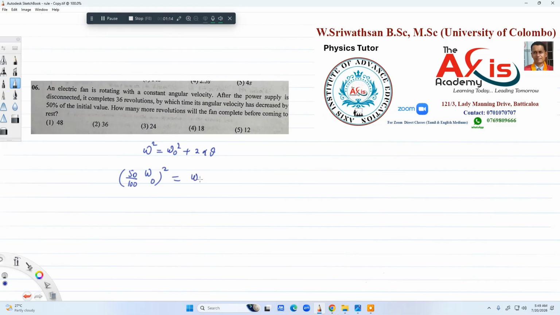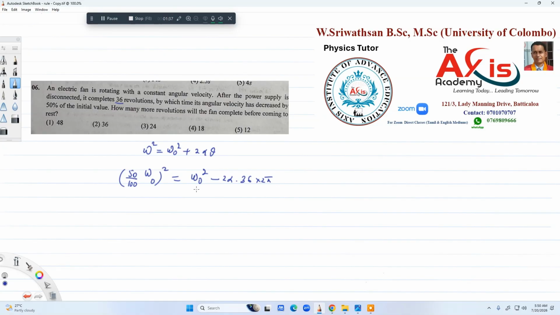So this will be omega naught squared minus, since the power supply is disconnected, there will be an angular deceleration, so alpha is negative, so minus 2 alpha. Revolution is 36, that means 36 times 2 pi is the angle it rotates.